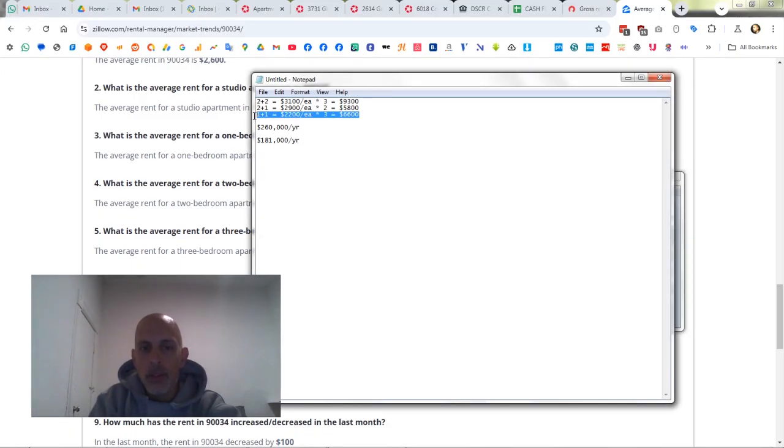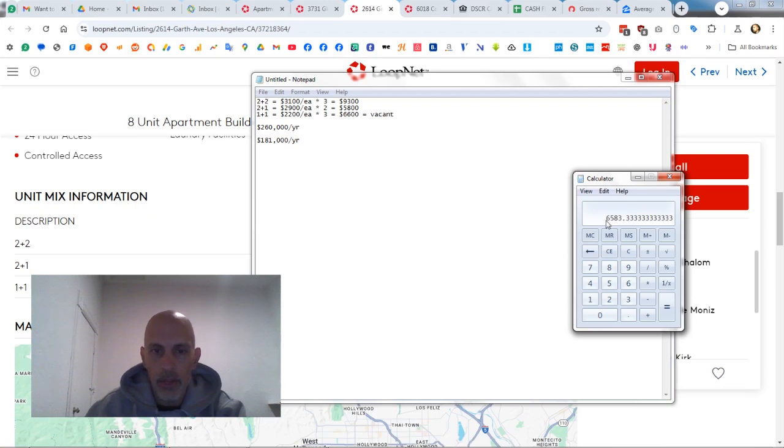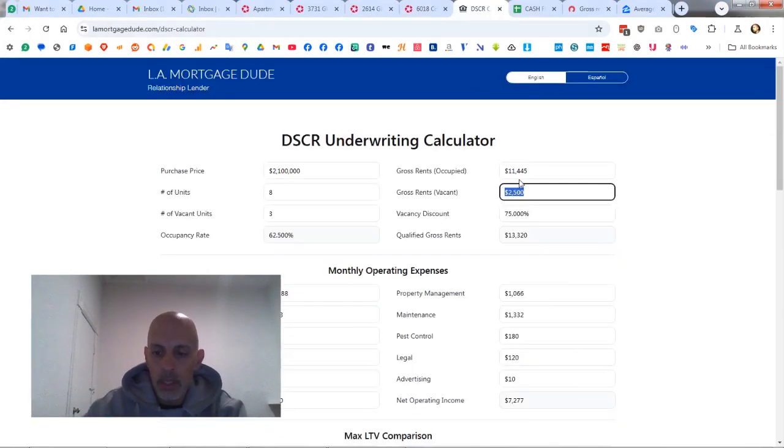That means these three are the vacant units here. So these are filled and these are vacant. The vacancy that we had, 6,583, is pretty close to this. So it looks like the one-bedroom apartments are the ones that are empty, meaning $2,200 each, $6,600.